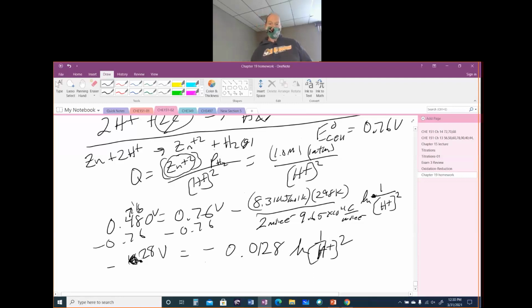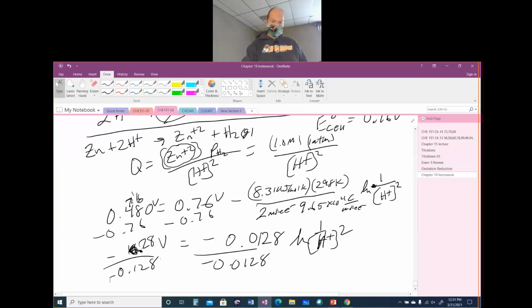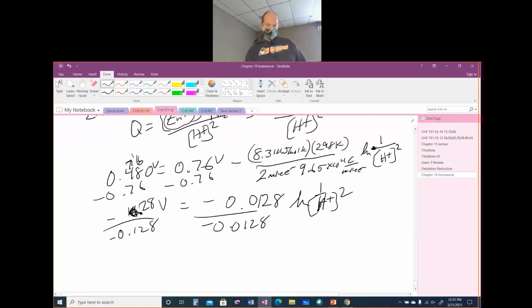squared. All right, to get rid of that, we divide both sides by negative 0.0128. And you get 19.5. So you get 19.5 is equal to the ln of 1 over H plus squared. Now you push your e to the x button.